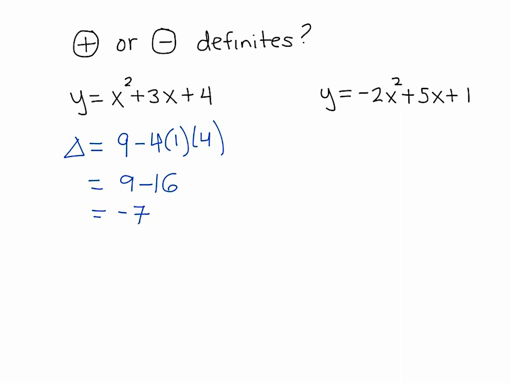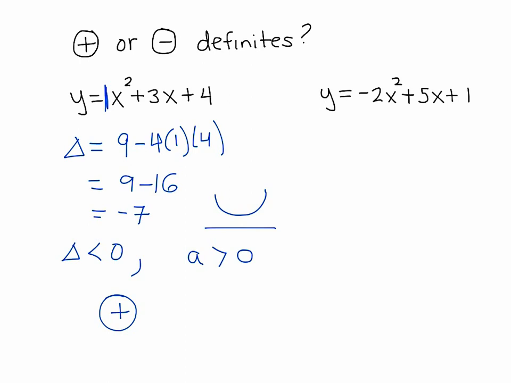So the discriminant is less than 0. In order for it to be positive definite, it must be concave up. In this case, we have a value of 1, which means a is greater than 0. So we can say this problem is positive definite.